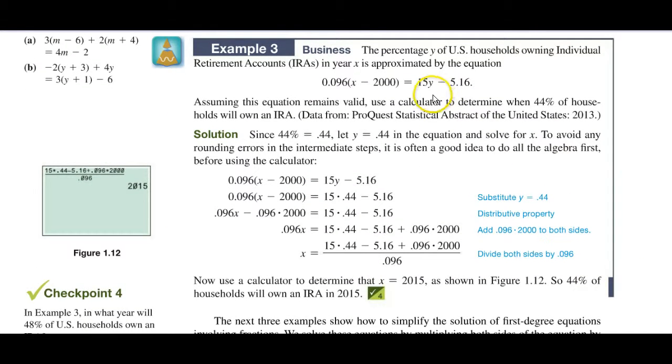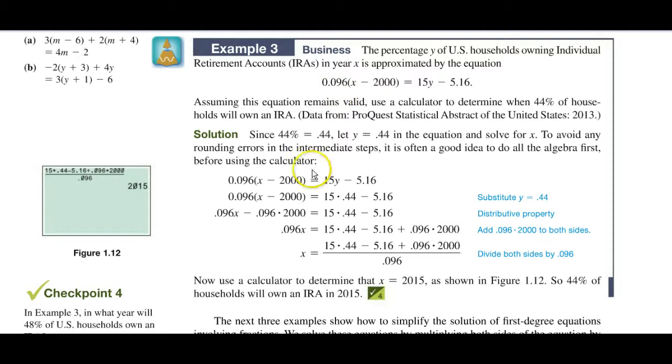Now, when you get something like this, they're giving you a word problem, and we're not going to read it completely, but this is the equation that comes out of it. We see there's an x buried in there, and we want to find out what that x is.